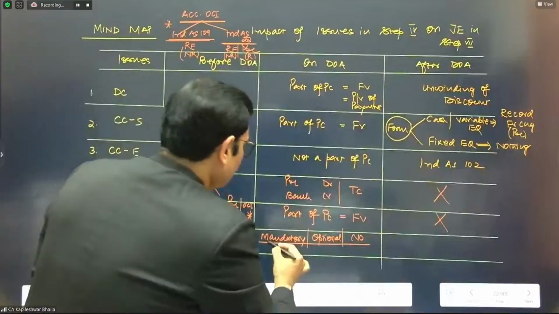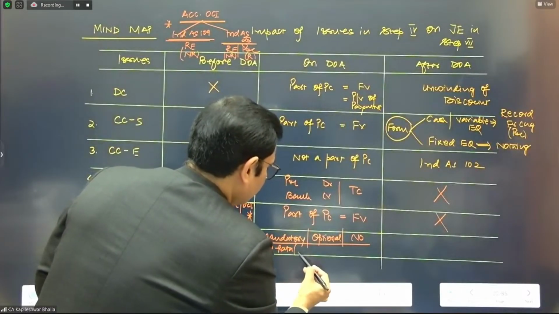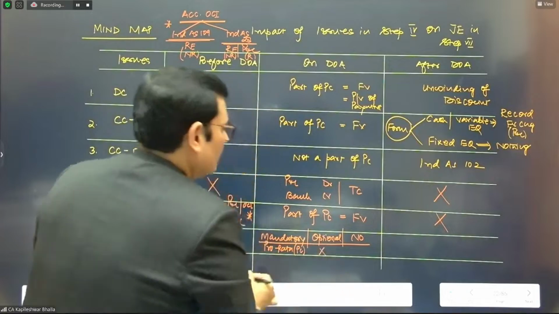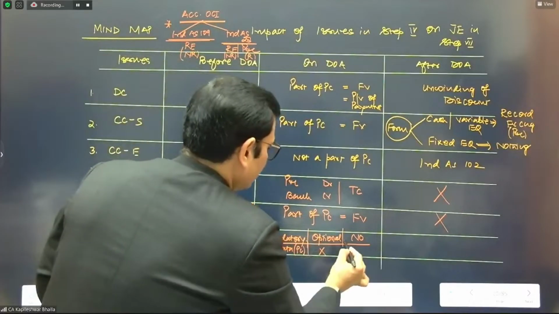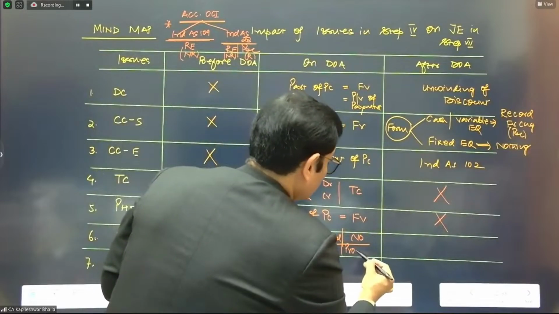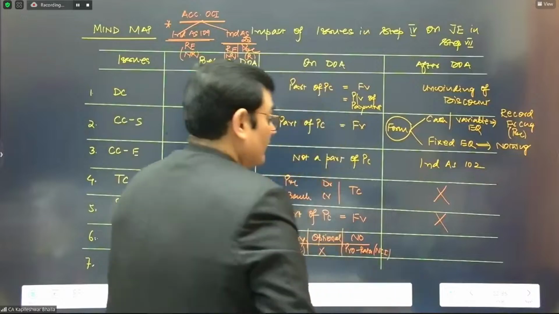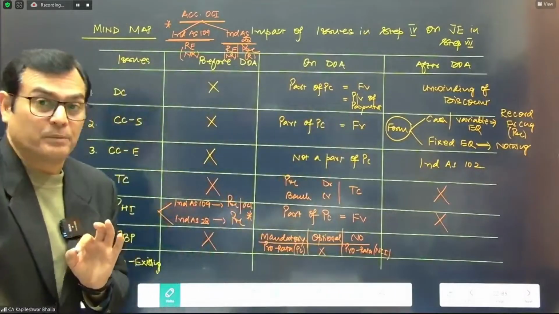So if it is mandatory, you take a pro rata amount as a part of the PC. If it is optional, nothing is taken in the PC. And if it is no replacement, a pro rata amount is taken as a part of the NCI. So your mind needs to be clear what is the proportion.